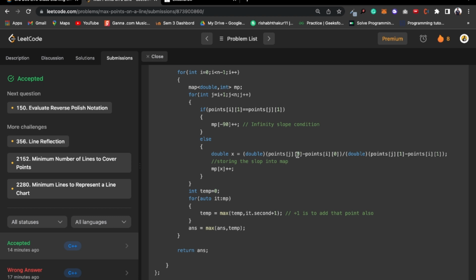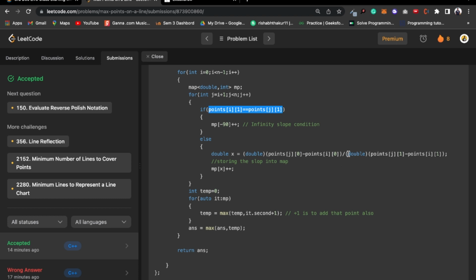In this case, you have to check x and y. So you can also take 0 and 0 here, and here you can say 1 and 1. The same thing you have to take here also.